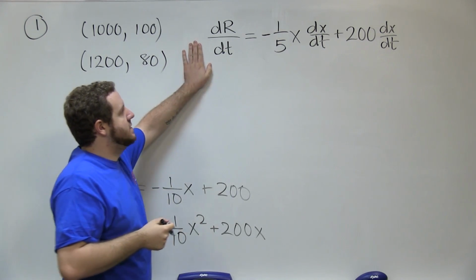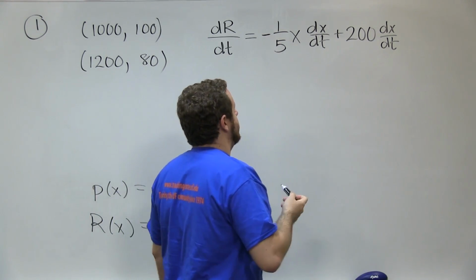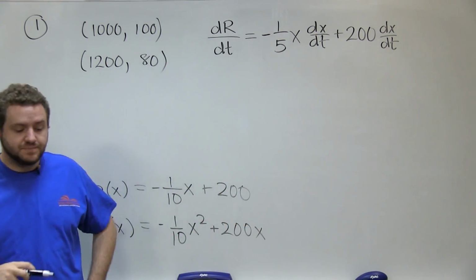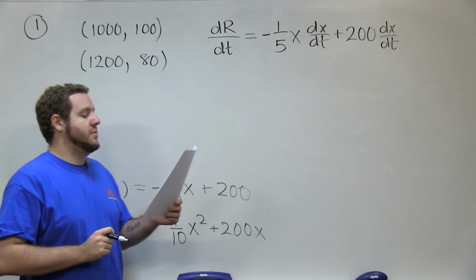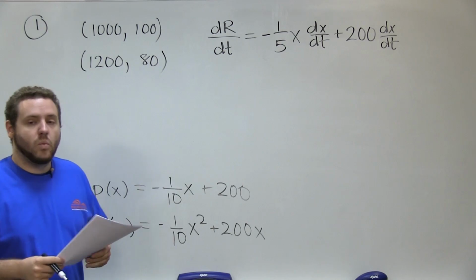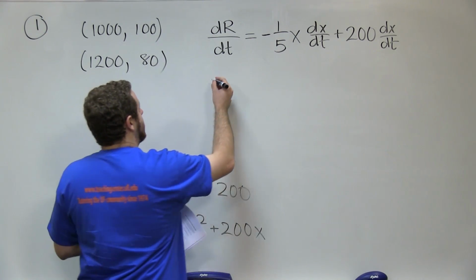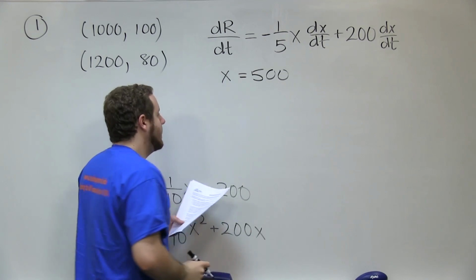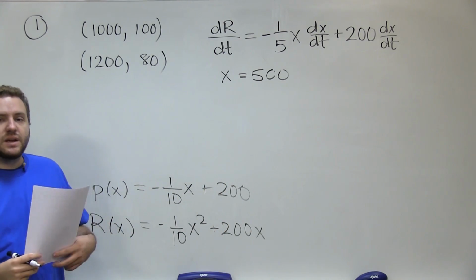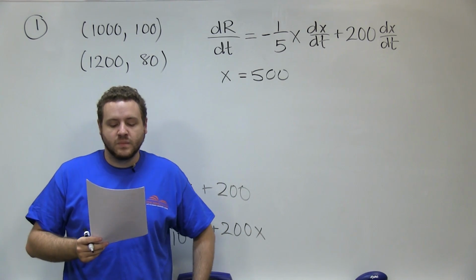So we're looking for dr dt, which means we need to know everything else, which means we need to know x and dx dt. It said find the rate at which revenue is changing with respect to time when production is 500. So we know that x is 500. And dx dt is actually given to us from the first part of that.